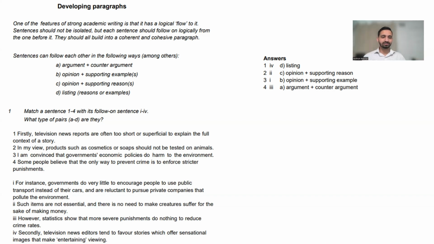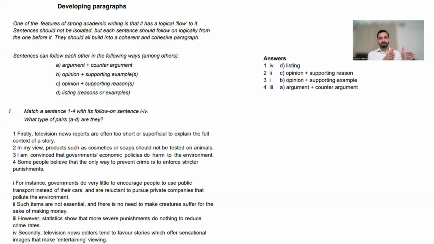Okay, let's look at 3. I'm convinced that government's economic policies do harm to the environment. And the follow-on sentence is: for instance, governments do very little to encourage people to use public transport instead of their cars and are reluctant to pursue private companies that pollute the environment.